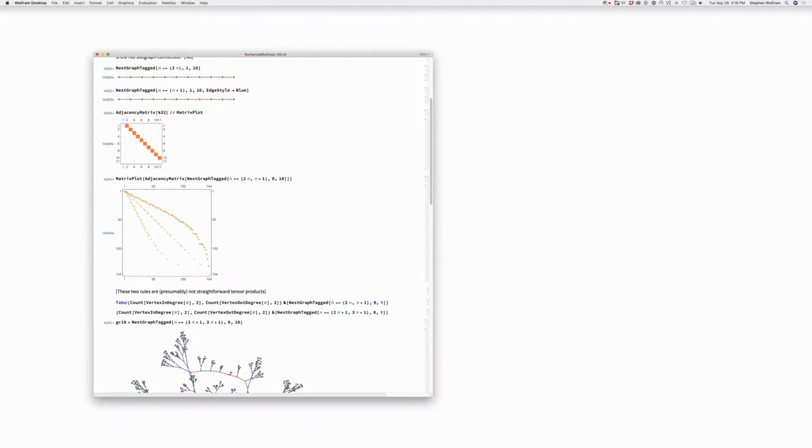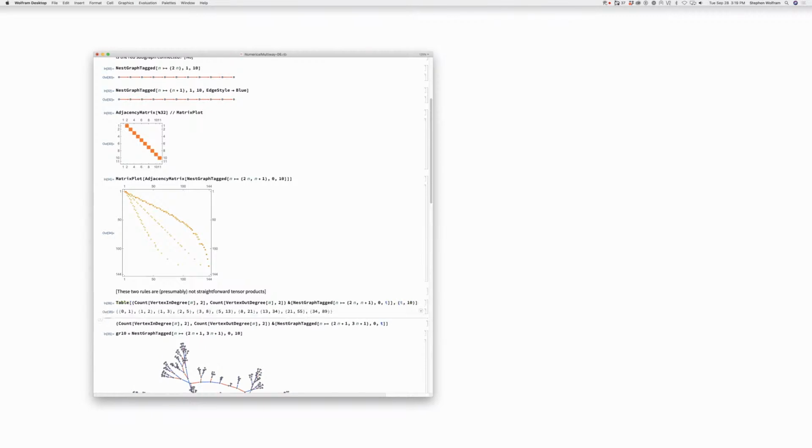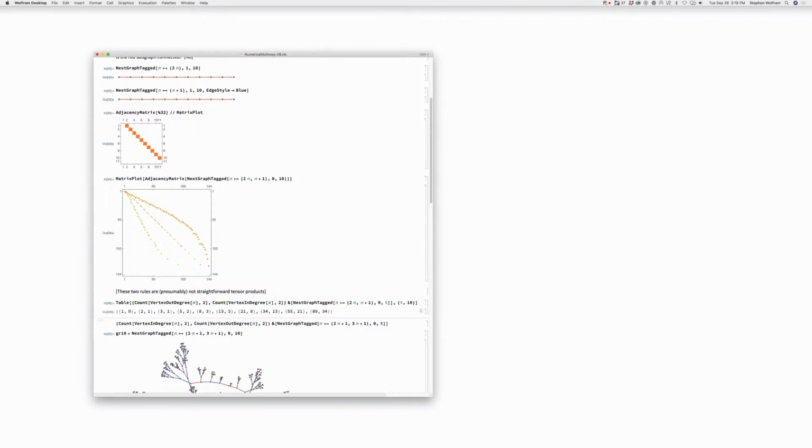Let's make a table up to, let's say, t equals 10. There's very Fibonacci. So what that's telling us is the in degree. Actually, I should do it the other way around. This is the out degree. That's the number of branches. That's the number of merges at every given step.